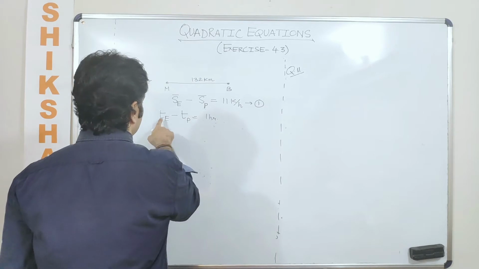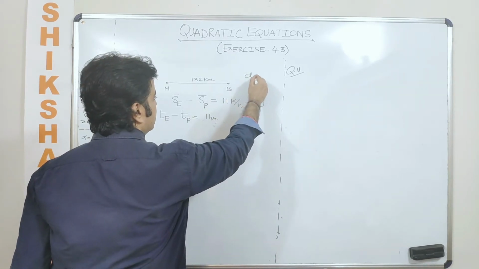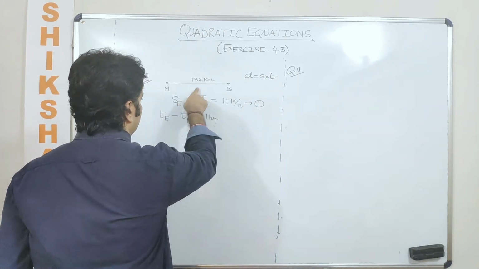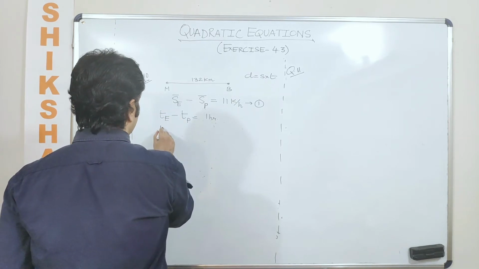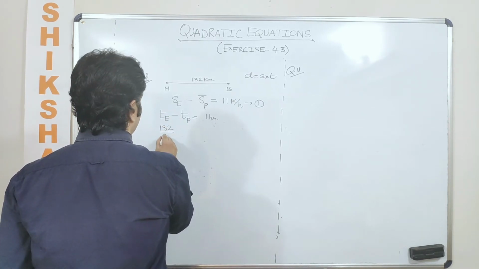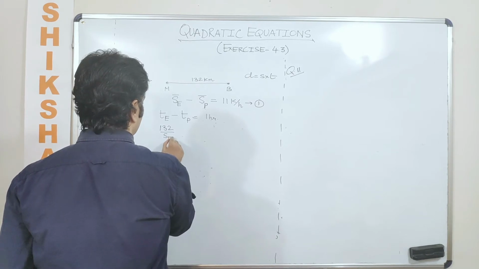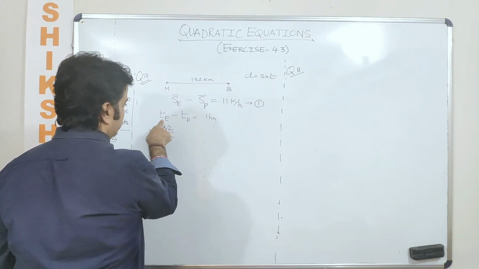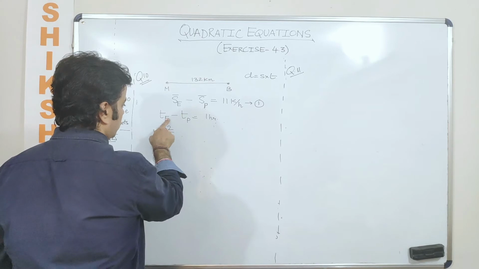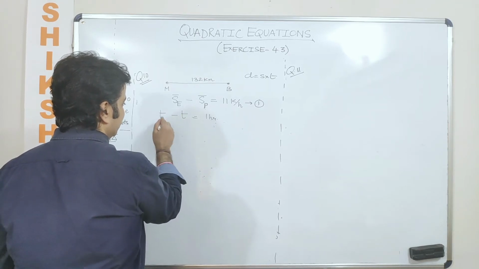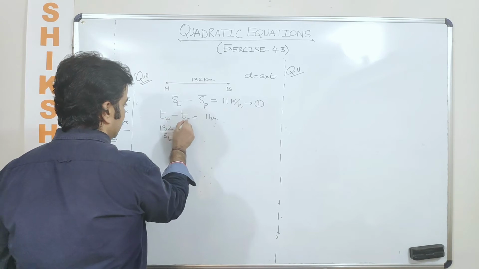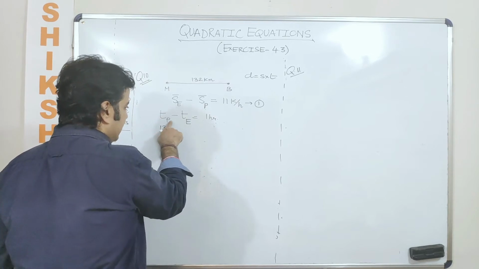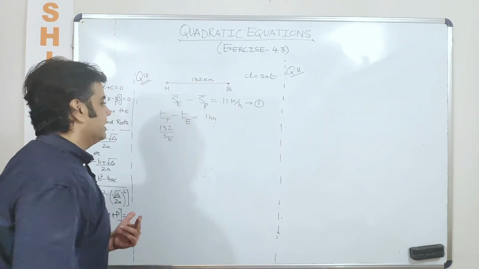Right? And then the next thing that I can do here is, we know that distance is equal to speed into time. So the time taken by the express train, with speed assumed as SE, will be 132 divided by SE. So the passenger train takes a time TP and the express train takes the time TE.